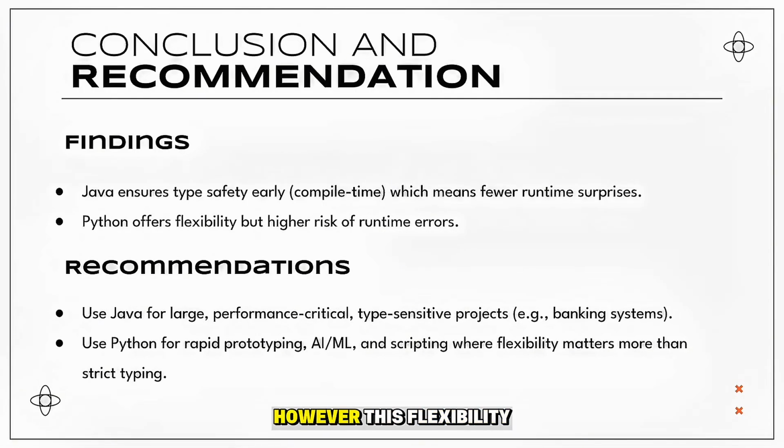However, this flexibility comes with a higher risk of runtime errors, since type issues are only detected while the program is running. For our recommendation, we recommend Java for large, performance-critical, and type-sensitive applications such as banking, enterprise systems, and projects requiring high reliability. On the other hand, we recommend Python for rapid prototyping, AI or machine learning projects, automation, and scripting, where development speed and flexibility are more important than strict typing rules.